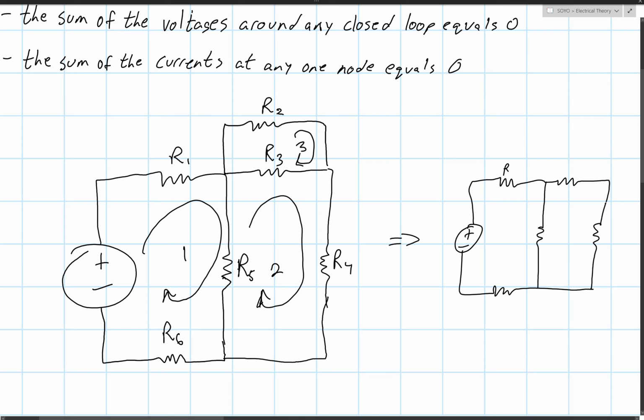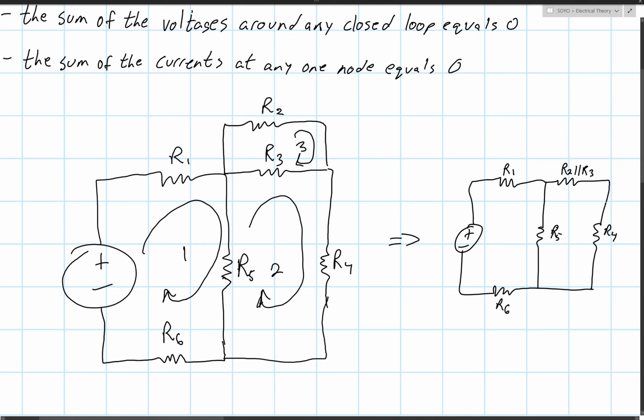Alright, so this is R1. This is R2 parallel with R3. This is R4, R5, and R6.